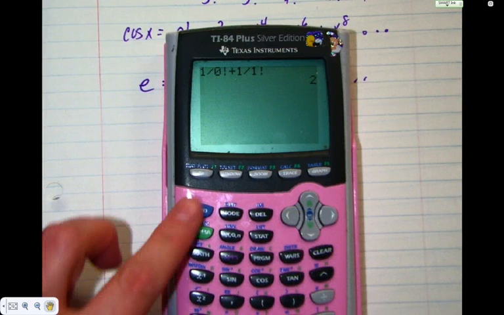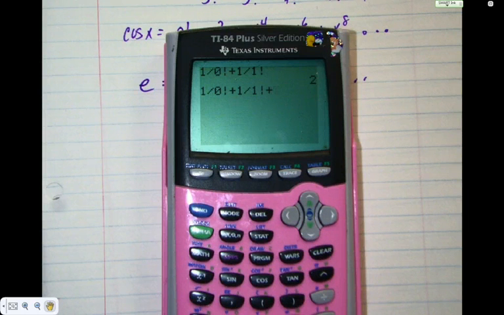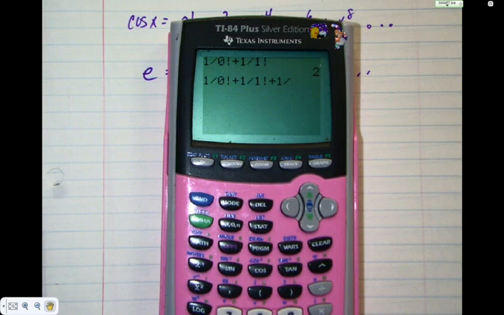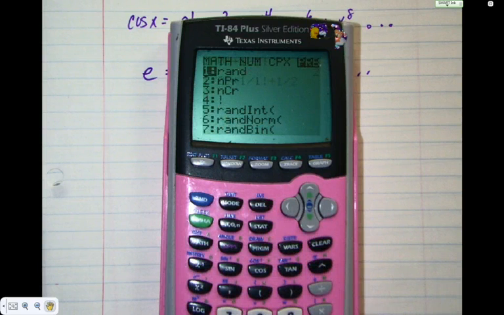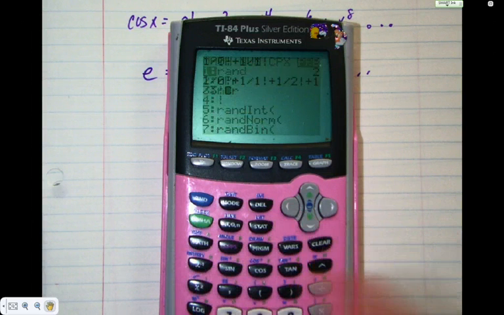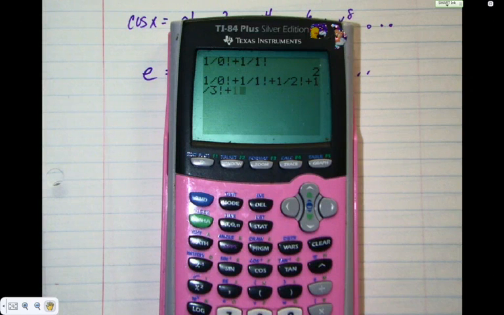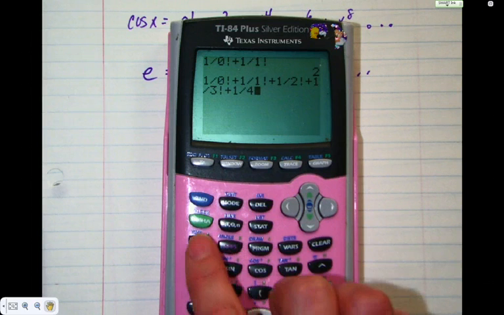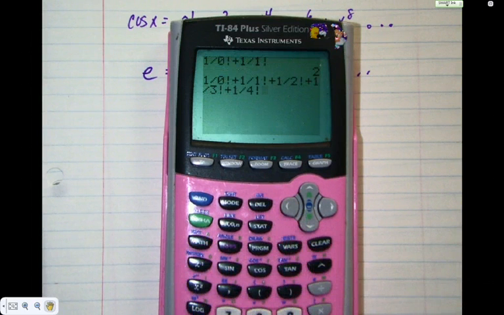Plus 1 over 2, math, left, 4. Plus 1 over 3, math, left, 4. Plus 1 over 4, math, left, 4. Plus.